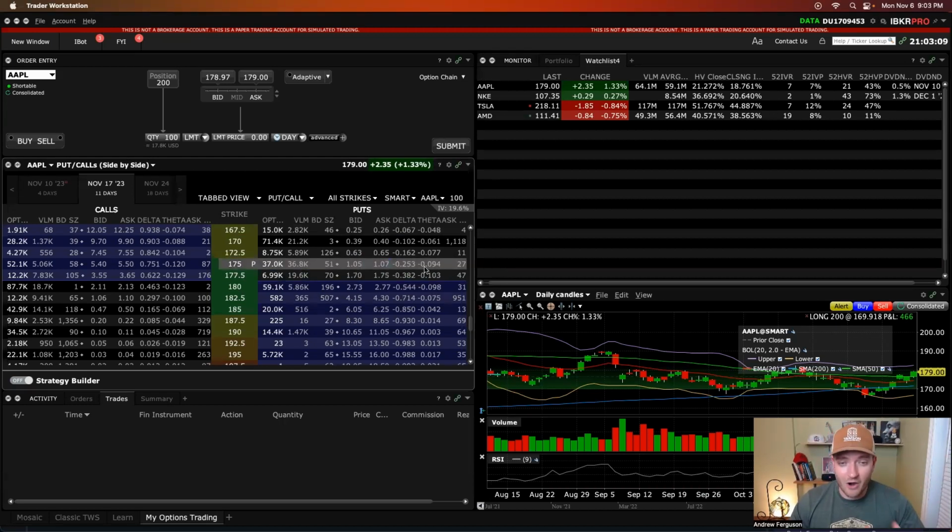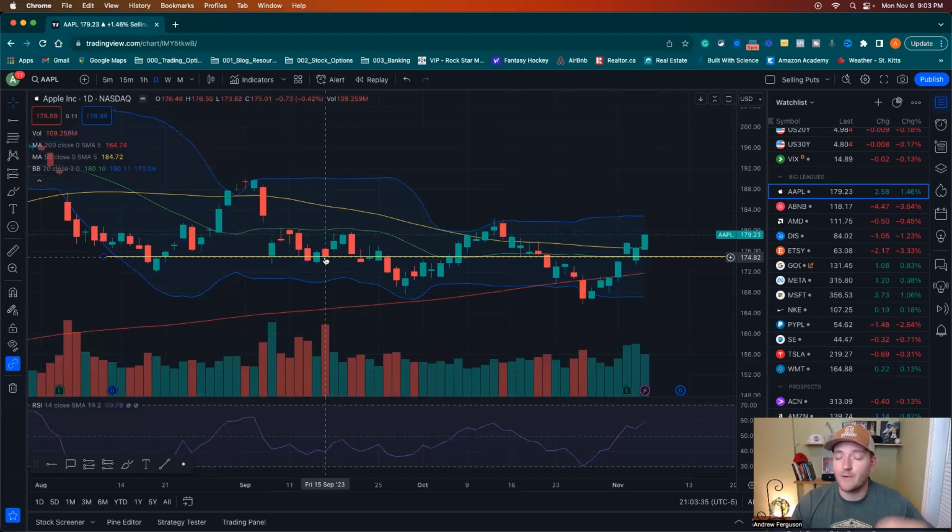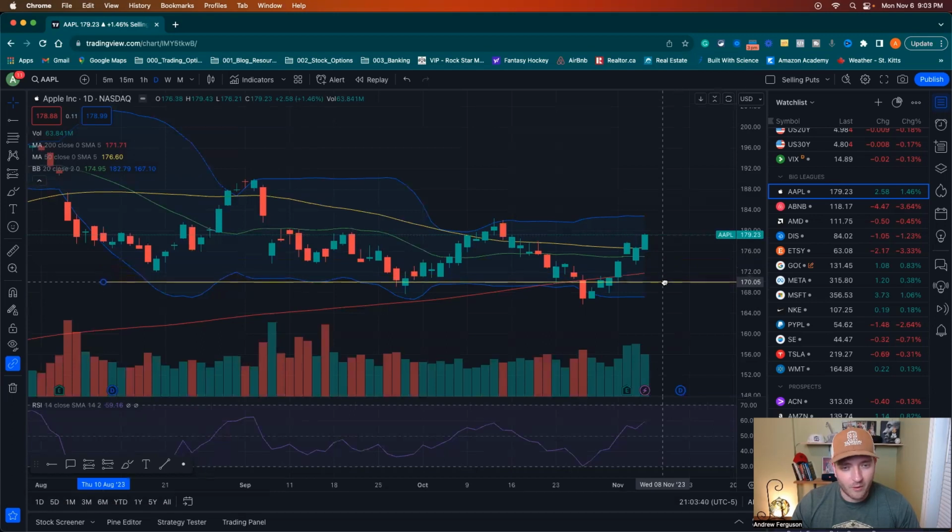Let's just hop into the chart one more time to make sure that 175 is a good technical level. This yellow line here represents Apple at 175, and you can see that there's been some action around there in the past few months. It's kind of flirted with that line a little bit. So maybe we want to go a little bit further out, a little bit lower, and drop this down to 172 or even down to 170 and sell there and say, hey, if Apple stock does drop back to this level right here, we're okay buying it at 170 and getting paid to do so with a little bit of buffer.